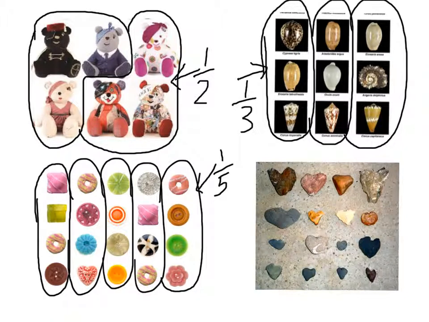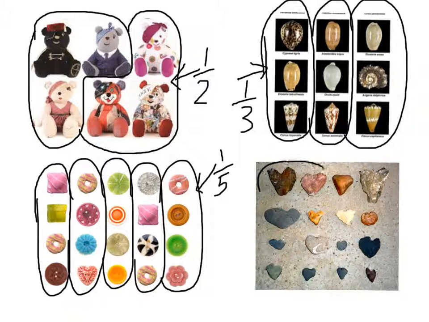Okay, I'm up to my last group, and I'm going to represent quarters out of my whole group of lovely Love Heart rocks. So I know I've got my whole group here of Love Heart rocks, and to show quarters I need to group those Love Heart rocks into 4 equal groups.